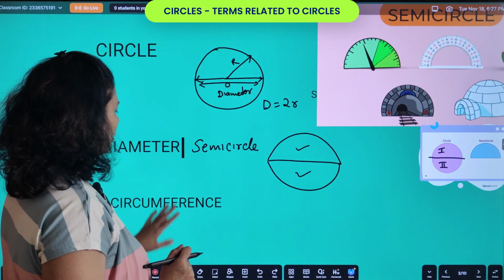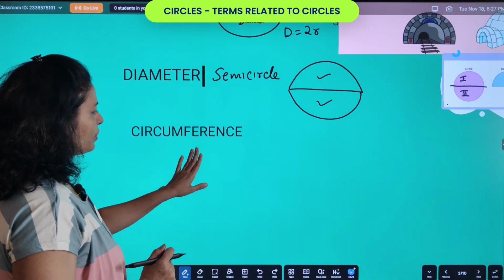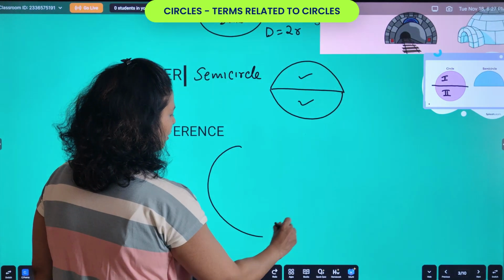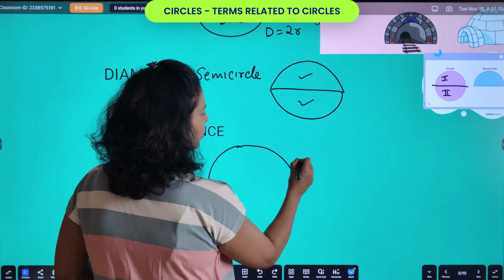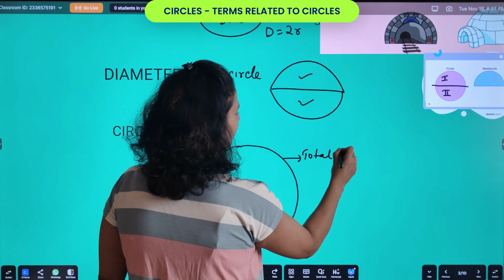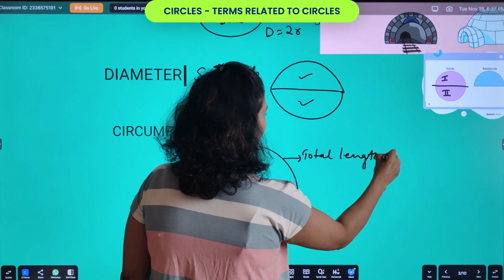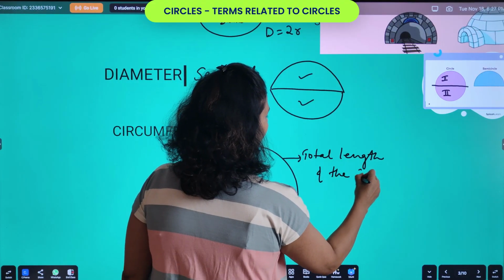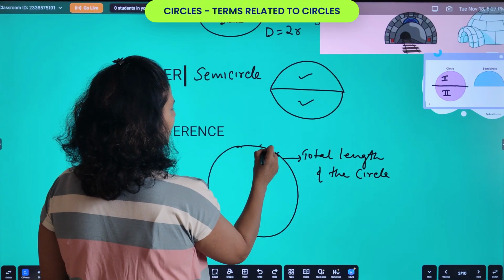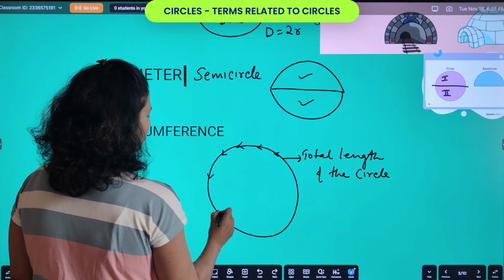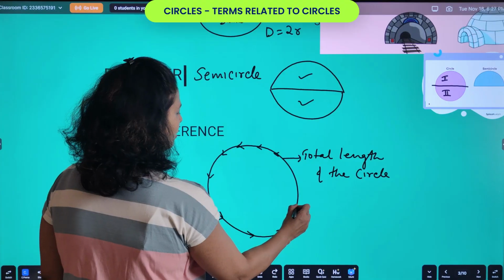Now, what is circumference? Circumference is the boundary, the total length of the circle. If you start moving from here, till here, till here, you will come back to the same place.